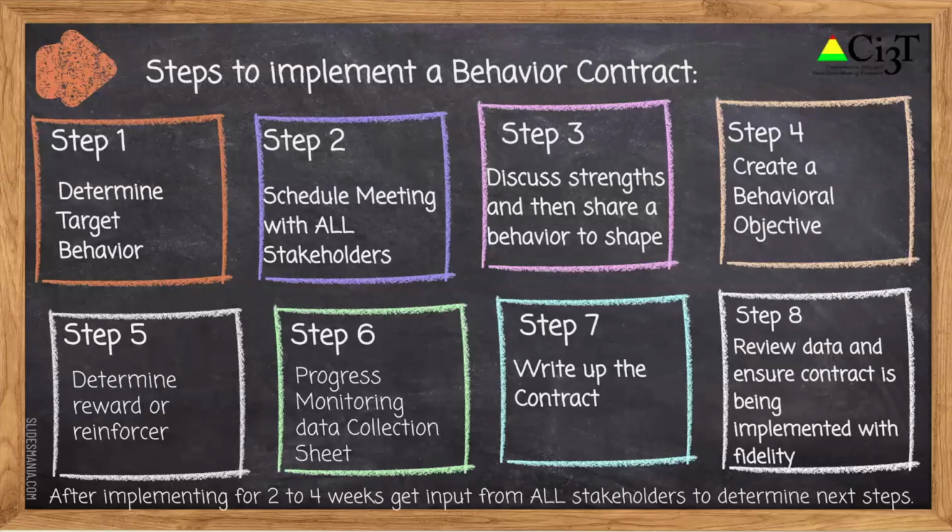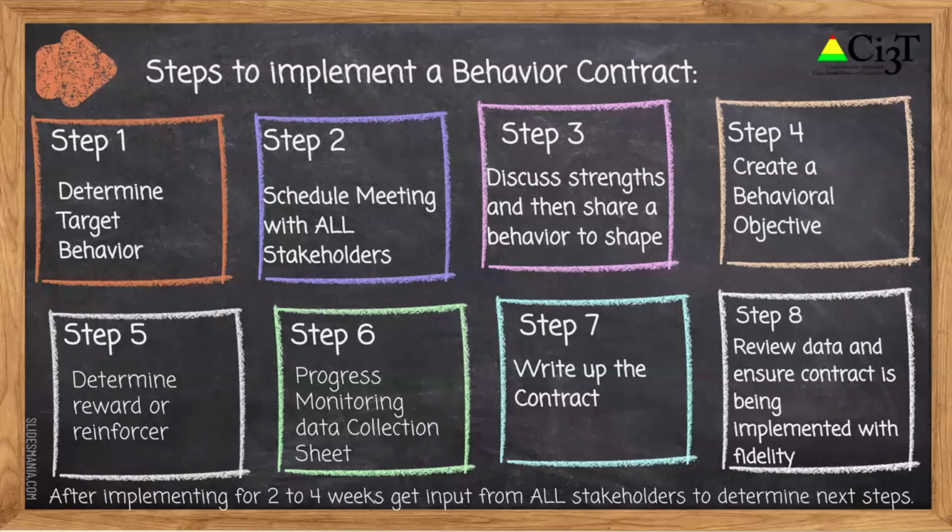So when we select or determine a target behavior, of course it's going to be difficult. You're not going to be able to address all the behaviors of concern at one time. So what is the one behavior of concern that needs to either decrease or increase?